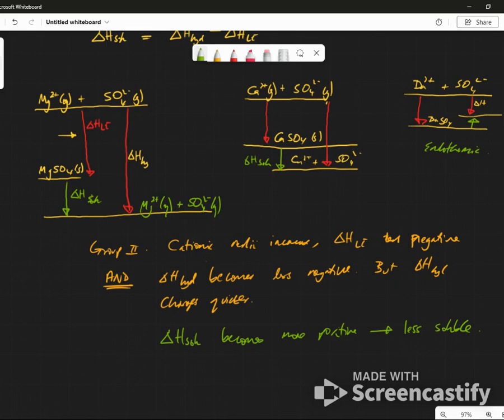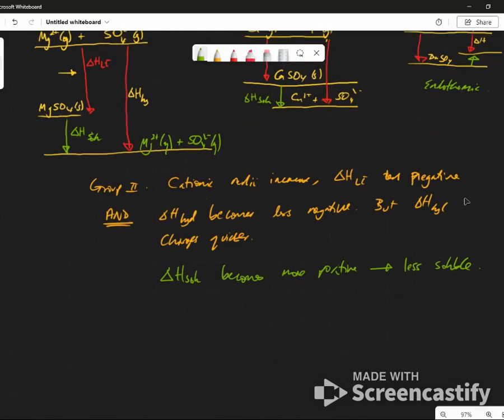They both get smaller. The arrows get smaller from left to right. But have a look at the barium sulfate. Now the hydration energy is too small to break up the lattice, and therefore it will be insoluble. Does that make sense? Well done, Basadi. Well, I hope it does. It's a complicated topic, this, but it's beautiful.